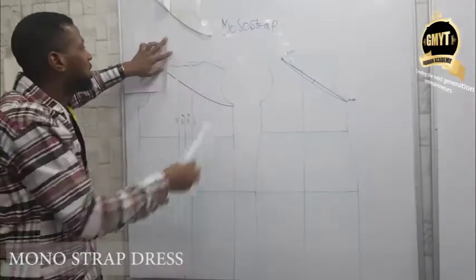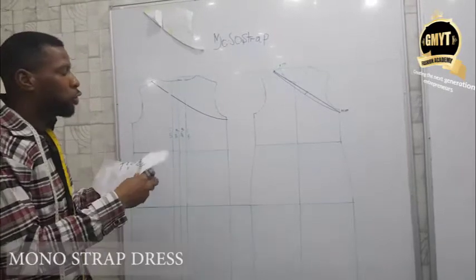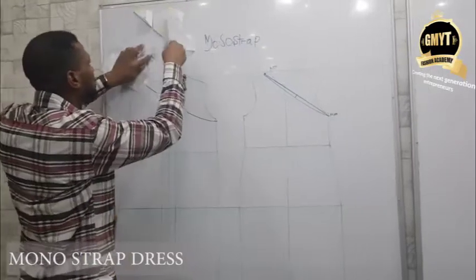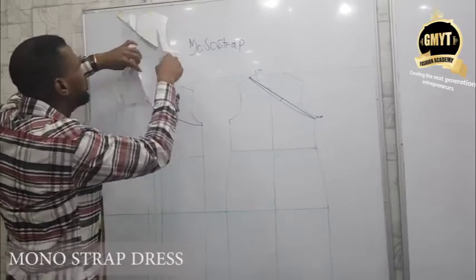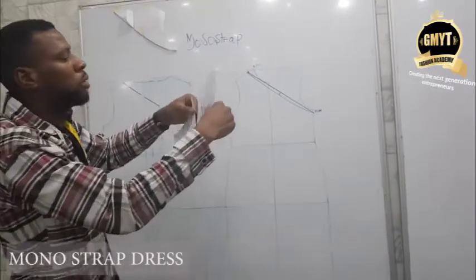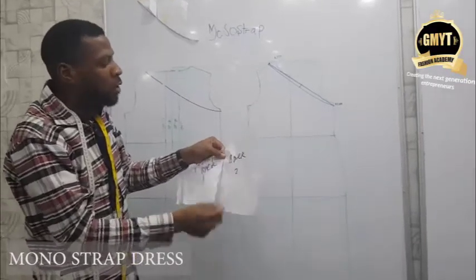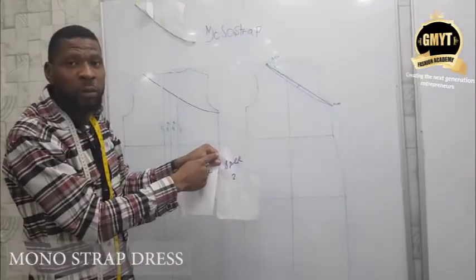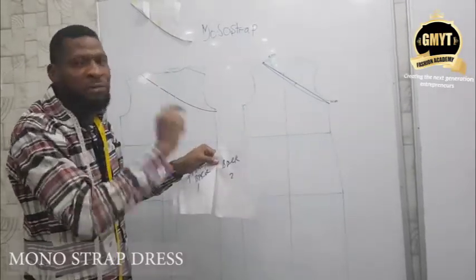So this is everything that you need to understand about cutting your monostrap dress, and that's what I had to just let you understand. The reason for this is that when you close the back, let me explain why this is like this now. So that when you close your zipper line and you want to sew, these lines will align perfectly.